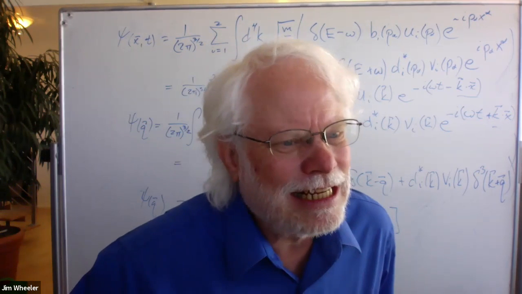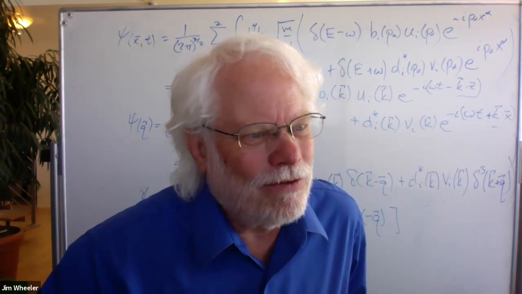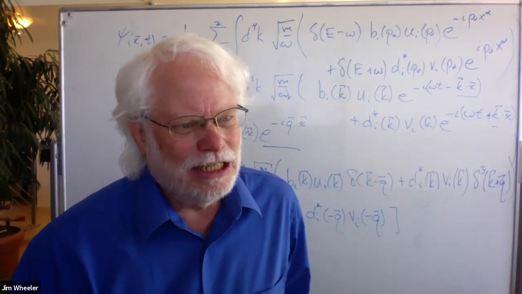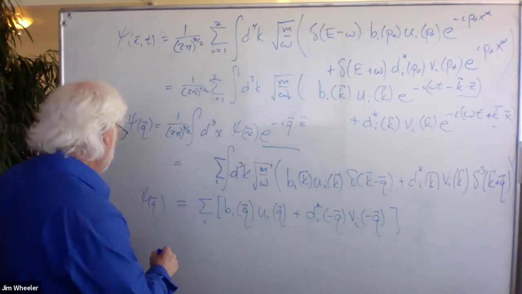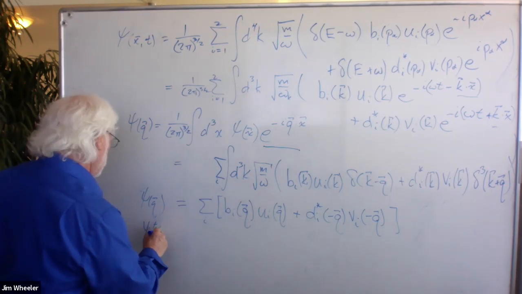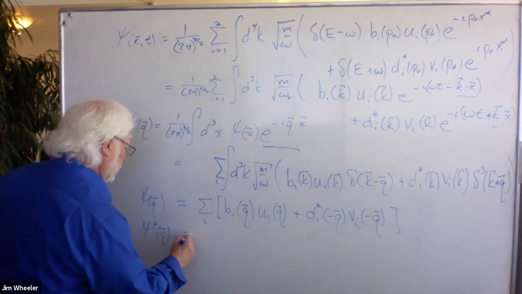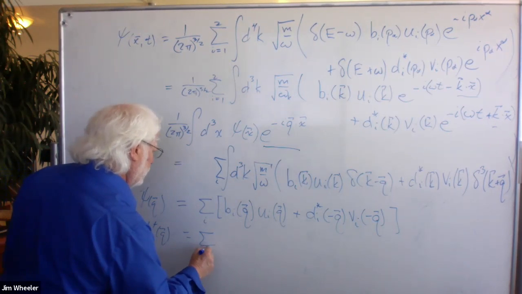Let's see, we can just take the dagger of all this to get the adjoint. So psi dagger, this is on the way to giving us pi.